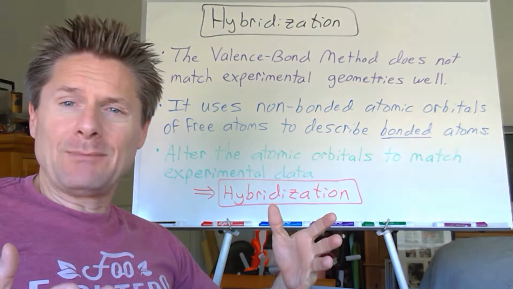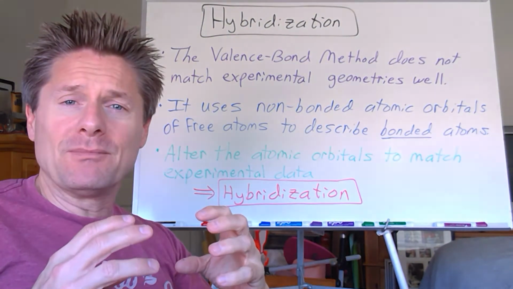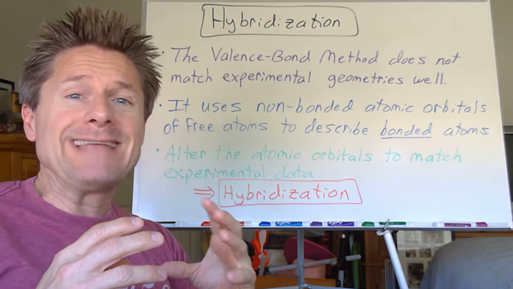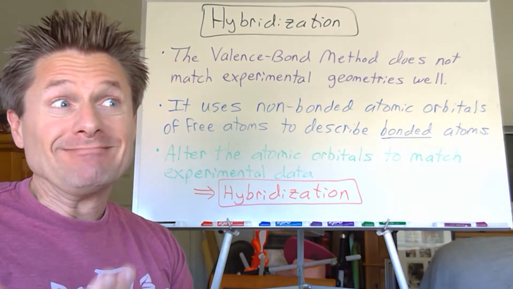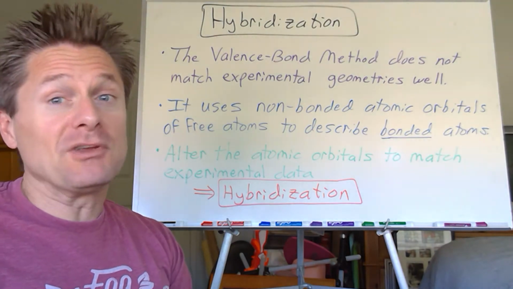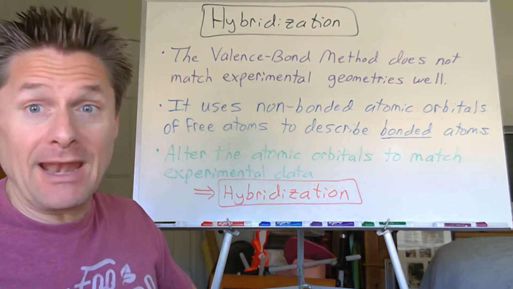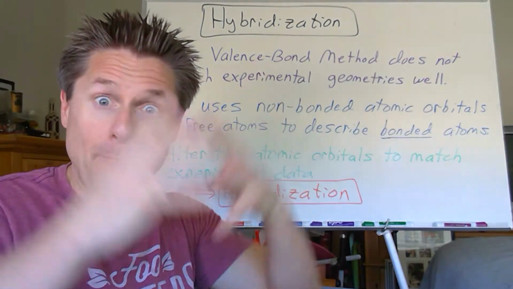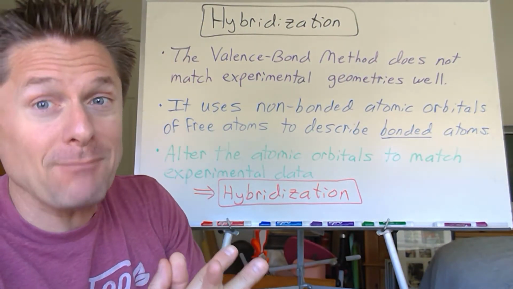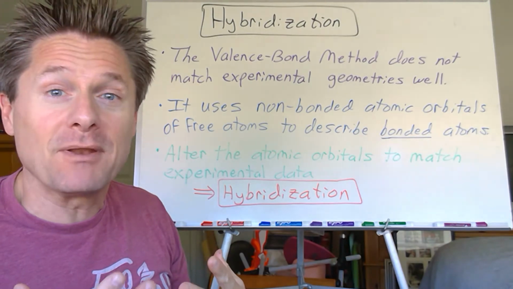But we're making an assumption that once you bond these atoms, the orbitals will retain exactly the same character as the free atomic orbitals. That's a pretty stretchy assumption, if you ask me, right? I'm not an expert, but that seems kind of fishy, because you've got free atoms and you've got bonded atoms in a molecule. That's a little bit different of an environment, right?